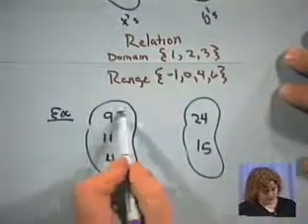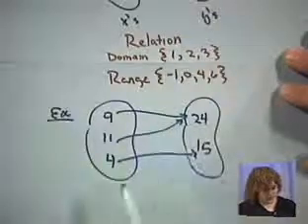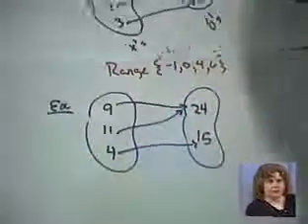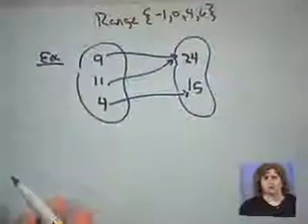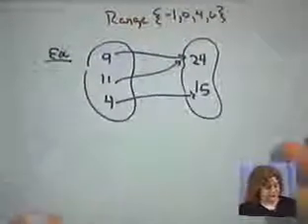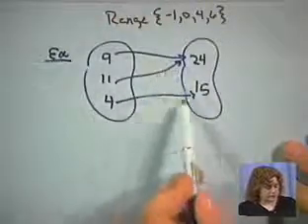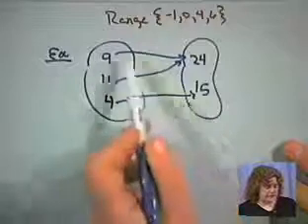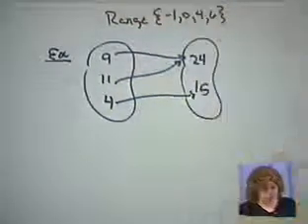I'm going to map this one like so. Now, let's decide if this is an ordinary relation or that special kind of relation called a function. Each x has one line coming off of it, and because of that, it is a function. It's okay to have two different x's go to the same y.